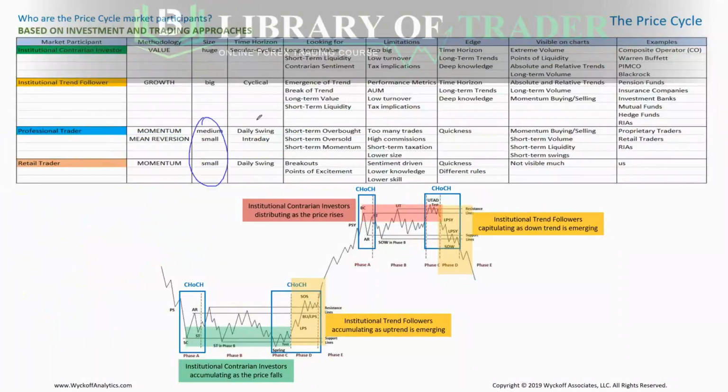Their size is small, their time horizon is small, they are looking for the overbought, oversold momentum. For the retail traders, the breakouts are extremely important, and different points of excitement. There are limitations. Too many trades, high commissions, short-term taxation, lower size, sentiment-driven in the retail case, and lower knowledge and lower skill.